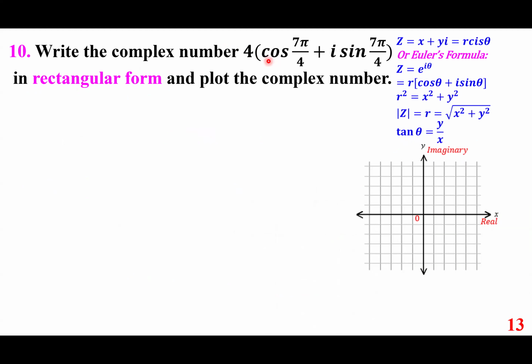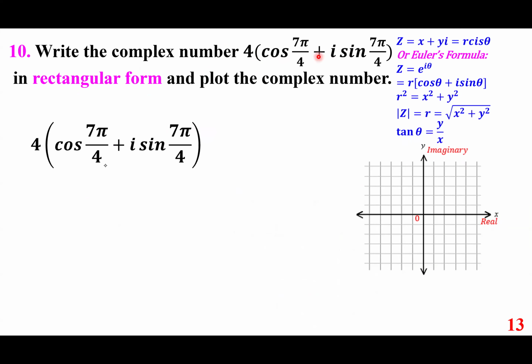Write the complex number 4 times (cosine 7 pi over 4 plus i sine 7 pi over 4) in rectangular form, and plot the complex number. Well, all we have to do is evaluate the cosine and sine.